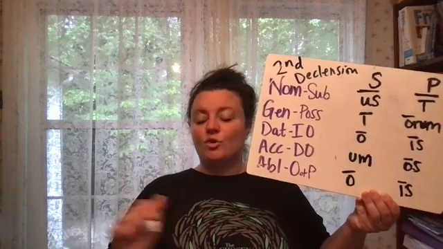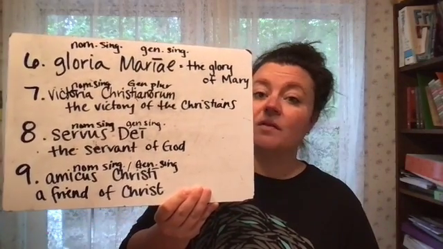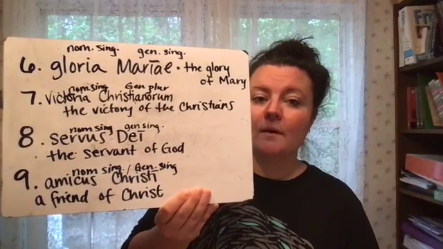So we assume Christi is genitive singular. Okay? And so we have amicus is one friend. I'm going to make it a friend. Remember, Latin has no translation for articles a, an, or the, and so you can put them in where you want. A friend of Christ. A friend of the Christ. Either one.